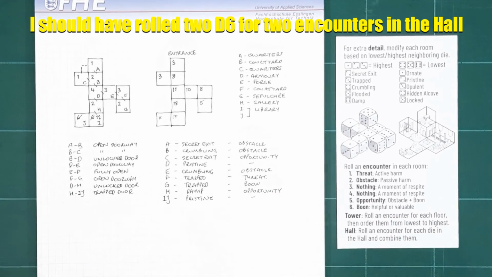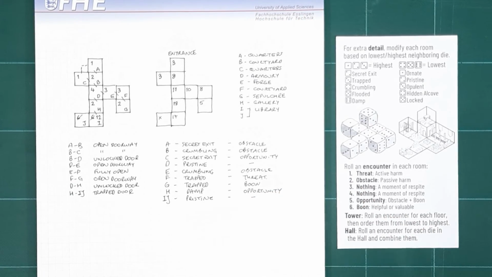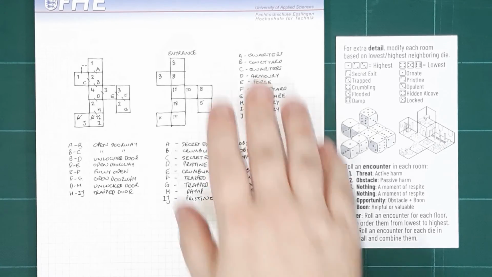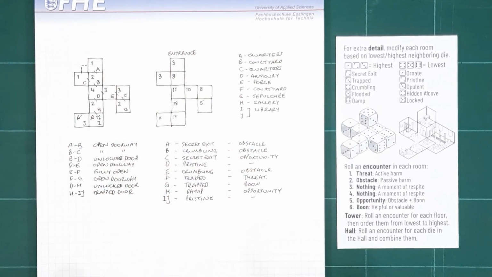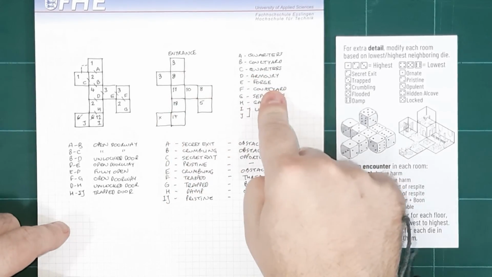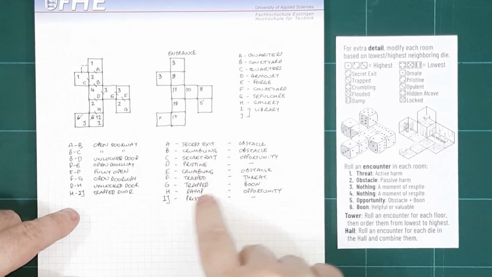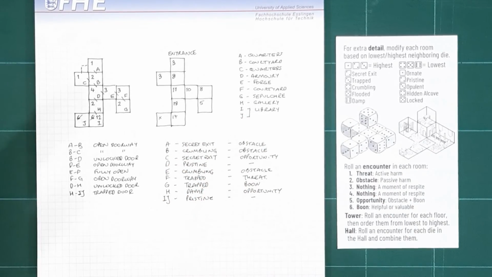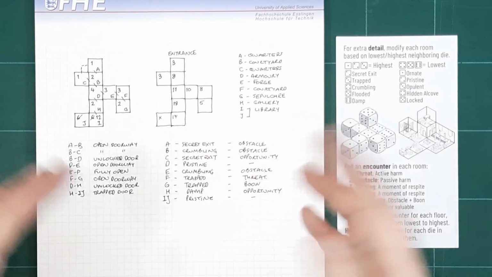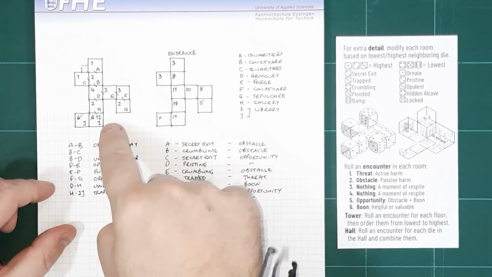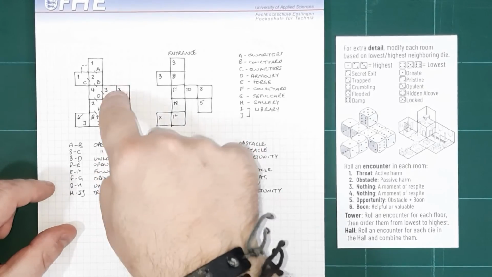So after that short amount of time, I have the workings of a dungeon. I've got the basic layout, I've got the contents, I've got some kind of details regarding whether it's crumbling, in good condition, bad condition, flooded, trapped. I've also got information regarding how these areas are linked.